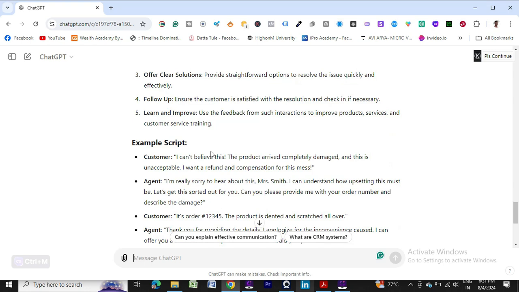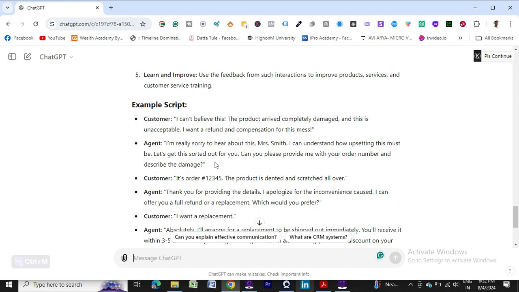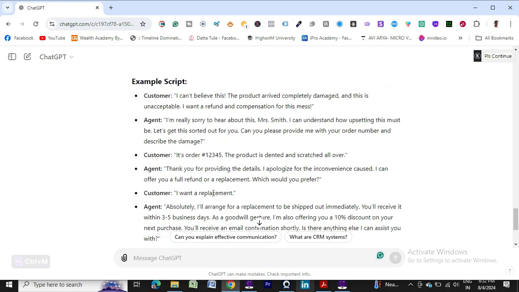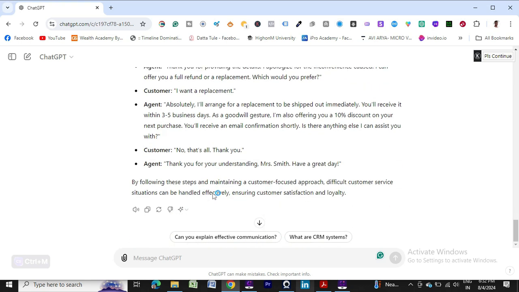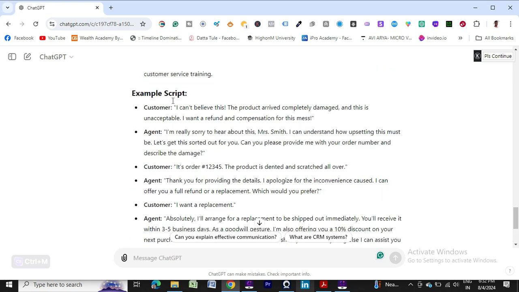If you want to write an email script, the customer is saying, I can't believe this product arrived completely damaged, this is unacceptable, I want a refund and compensation for this mess. The agent says, I'm really sorry to hear about this, Mrs. Smith.